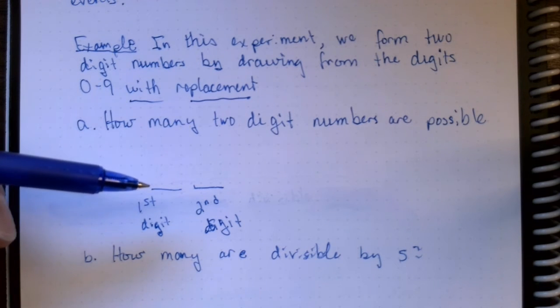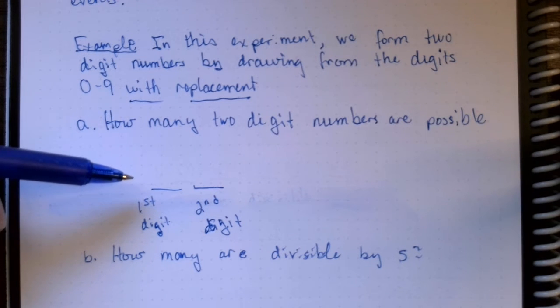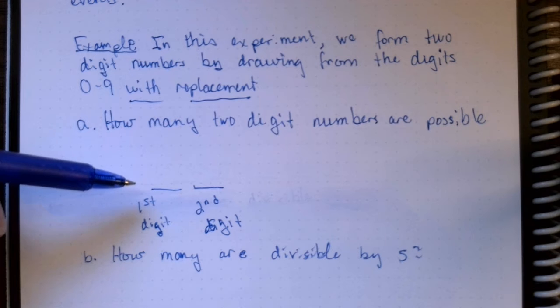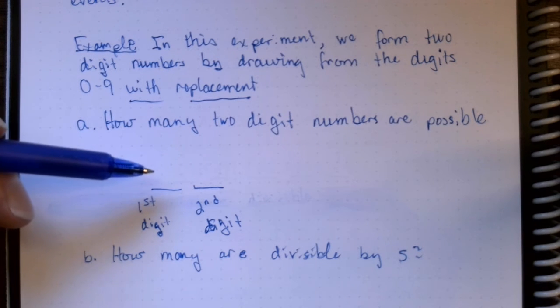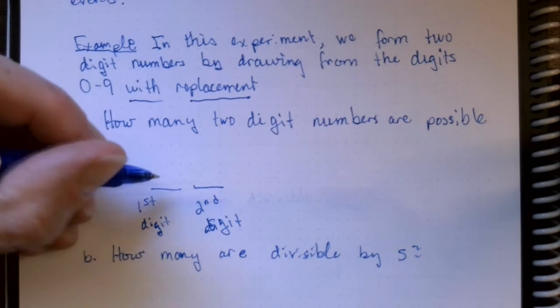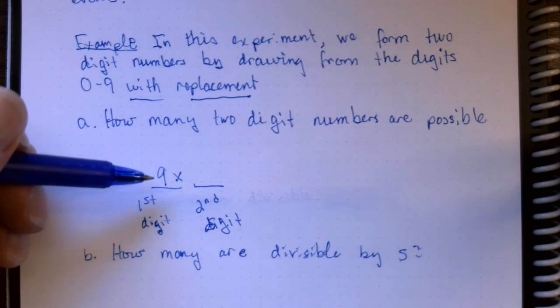Ordinarily, we would have 10 choices here, 0, 1, 2, 3, 4, 5, 6, 7, 8, 9. However, if we want to make a bona fide two-digit number, we cannot start with 0. So you have 9 choices for the first digit. The first digit has to at least be a 1.